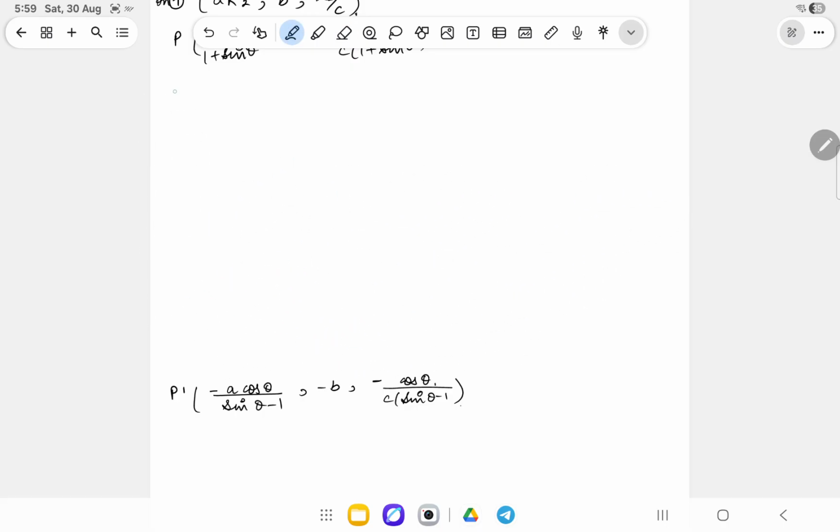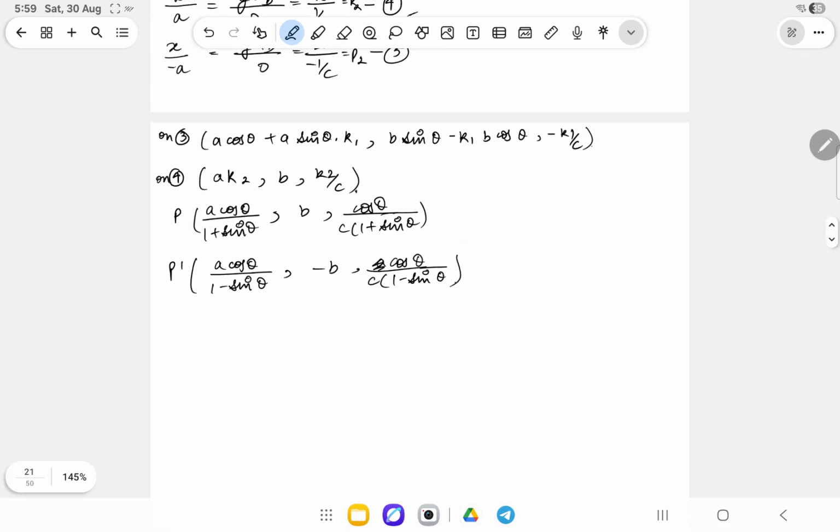I can write it as a cos theta upon 1 minus sin theta, comma minus b, comma cos theta upon c into 1 minus sin theta. Now I have the coordinates of both B, P, B dash, P dash. So my B is basically 0, comma b, comma 0 and B dash is 0, comma minus b, comma 0.